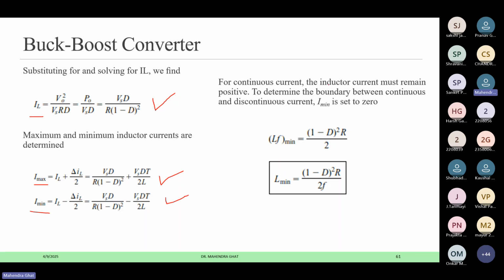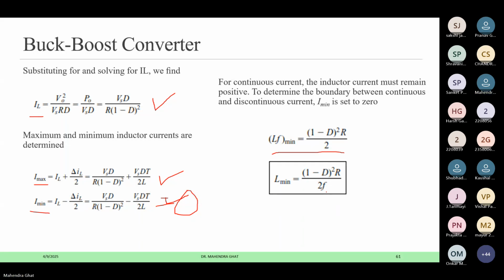For continuous current, we again equate the minimum value to 0 to get the continuous conduction. So if we equate this equation to 0, you will get the minimum inductor and frequency multiplication as 1 minus D square R divided by 2. And if we calculate the L minimum value, it will be 1 minus D square R divided by 2f.